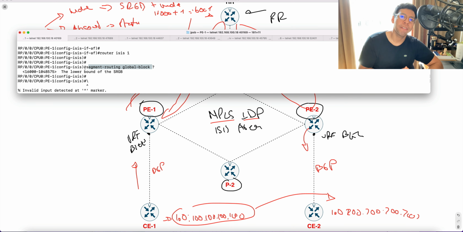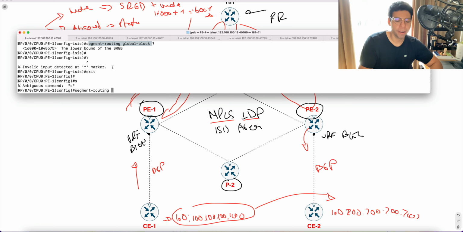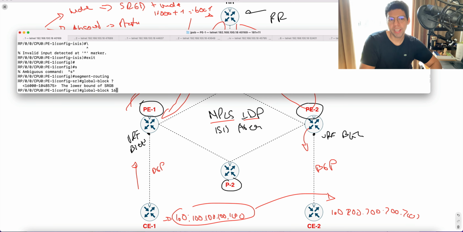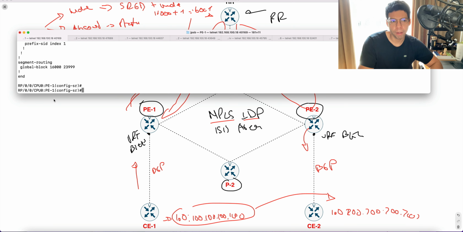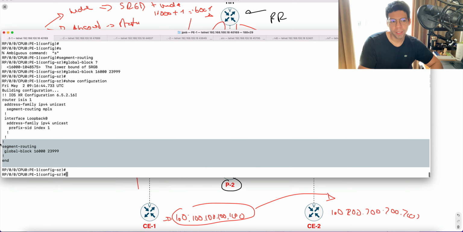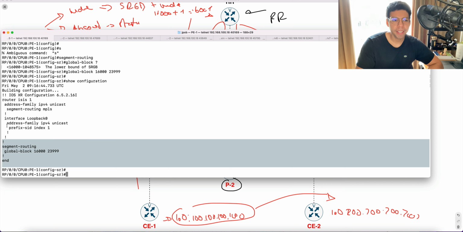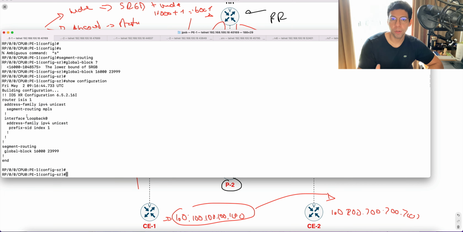If I want it for other protocols like BGP, I can configure the global block in global mode: in configuration terminal, segment-routing, global-block and the range. I will configure it just for showing, but this is actually the default range. This tells the router to use that block for any other protocol. So these are the commands that we need for the segment routing control plane.